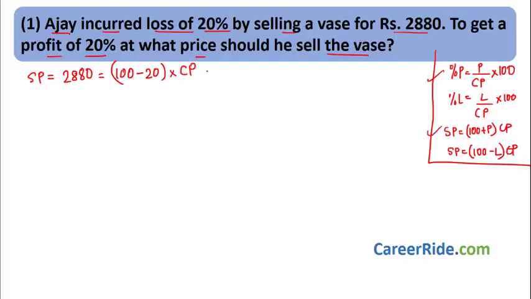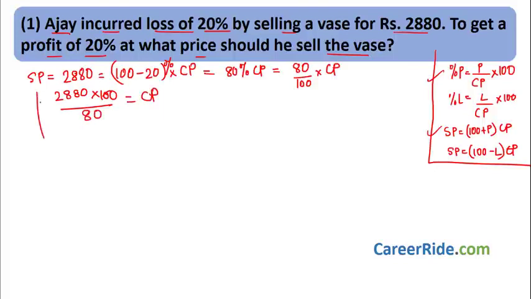So we will get 2880 equals 100 minus 20%, that is 80% of cost price, that would be 80 upon 100 multiplied by cost price. So over here we will get 2880 into 100 divided by 80, which is nothing but the cost price.